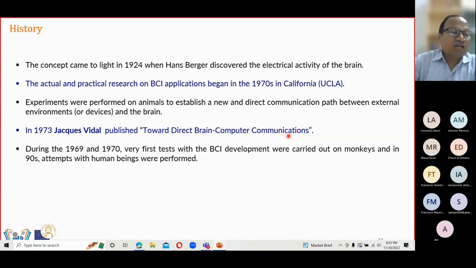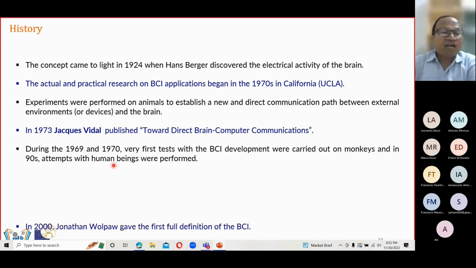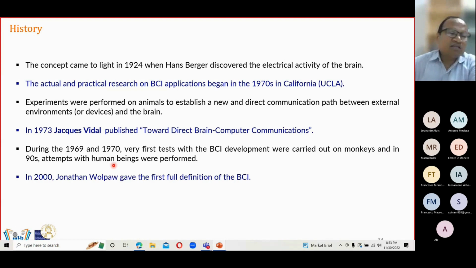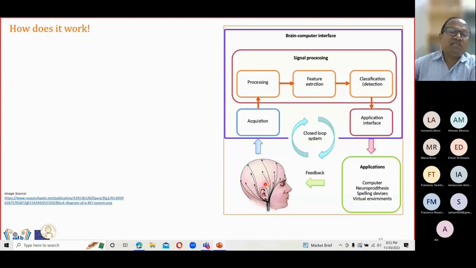During 69 and 70, the very first tests with BCI development were carried out on monkeys, because I told you it started with animals. In the 90s, attempts with human beings were performed. In fact, brain computer interface testing on human beings started only in the 90s. And then in 2000, Jonathan Wolpaw gave the first full definition of BCI based on the human brain.